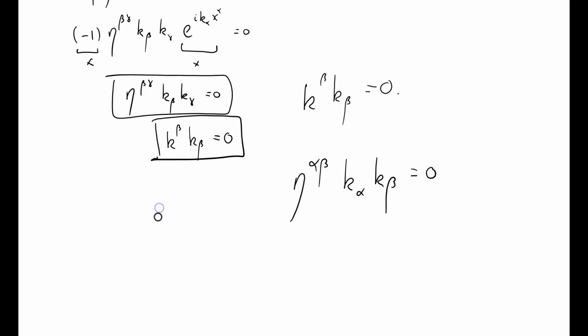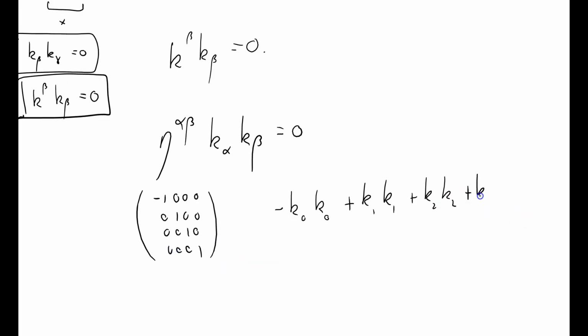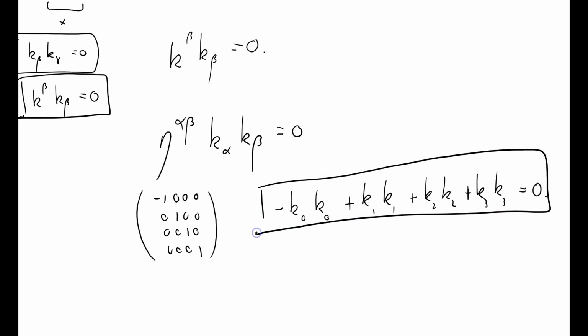Because the flat space metric eta is minus 1, 0, 0, 0, 0, 1, 0, 0, 0, 0, 1, 0, 0, 0, 0, 1, what we have here is minus k0 k0 plus k1 k1 plus k2 k2 plus k3 k3 equals 0. How about that? I'll interpret it in the next screencast. But for the moment, we've got this beautiful, beautiful relationship, which I'll talk about in the next screencast. Stop.